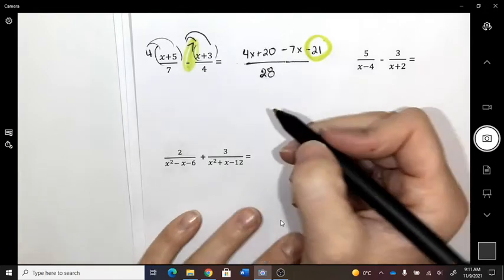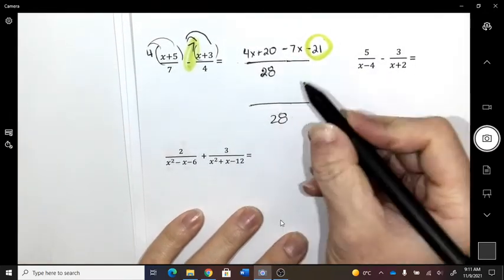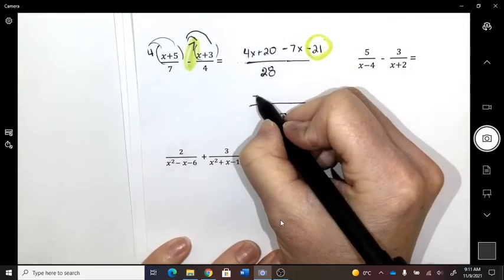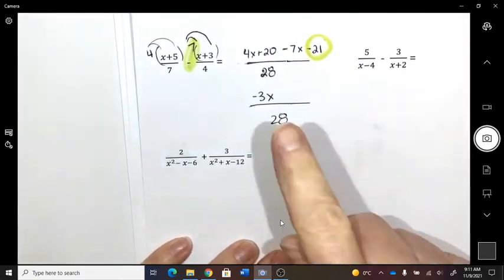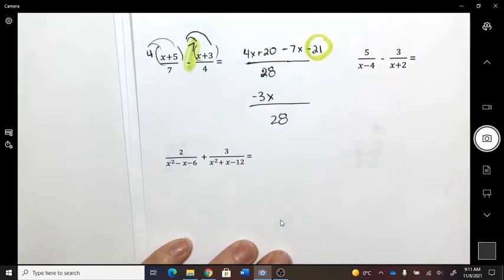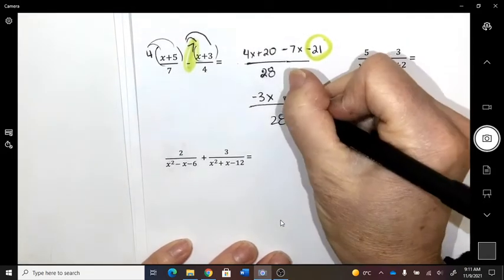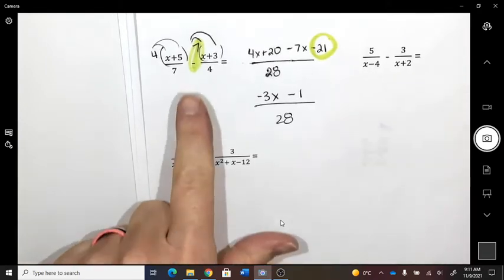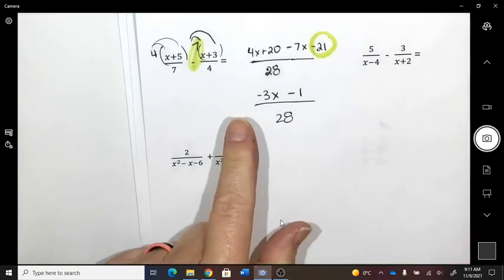Okay, now we can simplify this. So 4x minus 7x, so I have a negative 3x, and I had a 20 and a minus 21. Okay, so that idea, we're going to go to rationals now, okay?